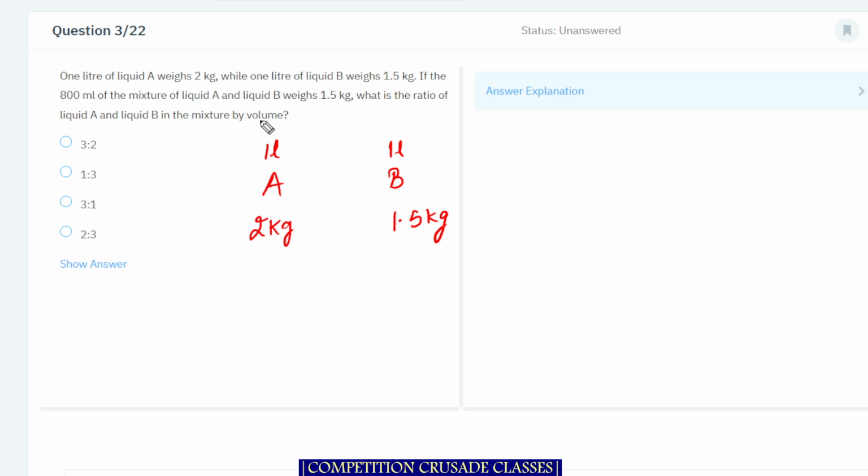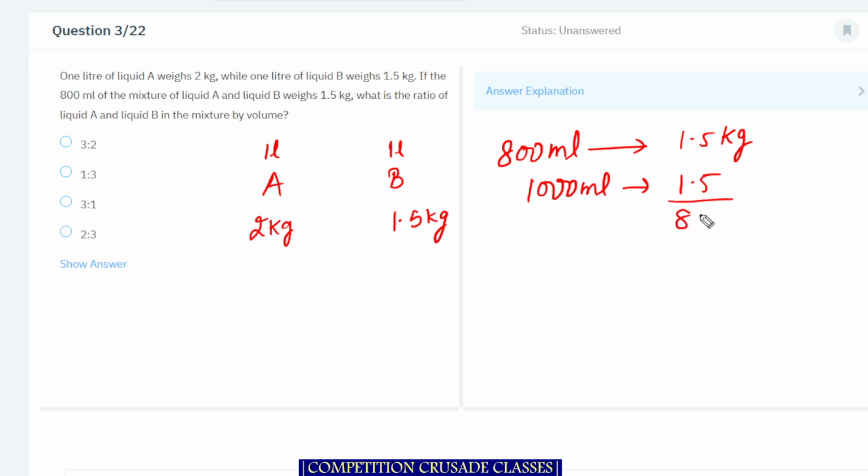Okay, very interesting question and a very simple question. The only thing that you will have to understand is 800 ml is given as 1.5 kg, so 1000 ml will be 1.5 by 800. So if you get rid of this, it is going to be 15 by 8.